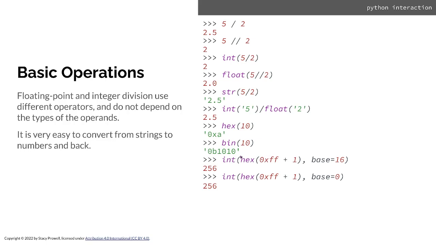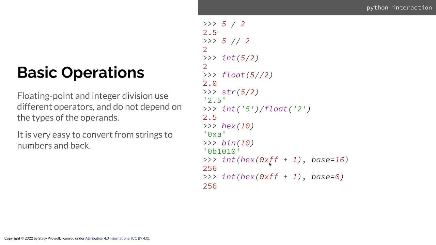I'm going to turn that into a hexadecimal string, so that will be the string 0x100. And then I'm going to turn that back into an integer in base 16, and I will get back finally 256.